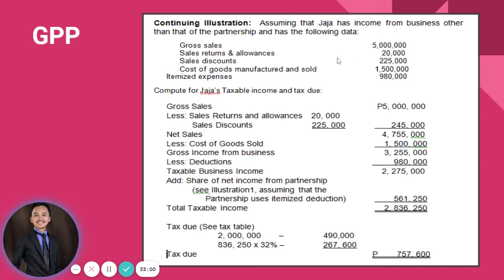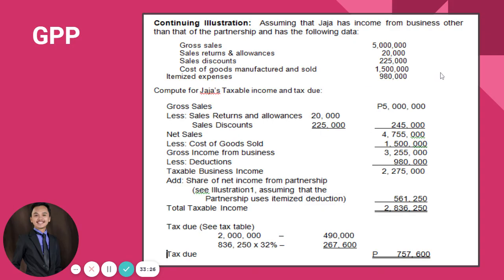So Jaja can opt for 8% on his income from business. But his income from the partnership profit cannot be taxed at 8%. And obviously, his salaries for whatever work he may have also cannot be taxed at 8%. Okay?